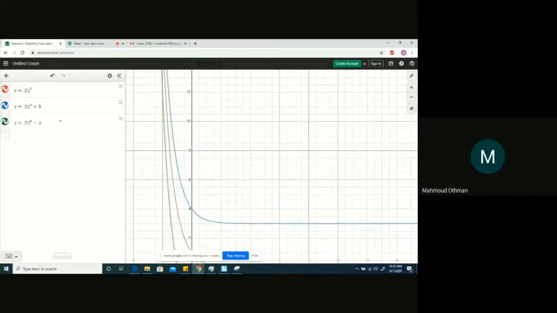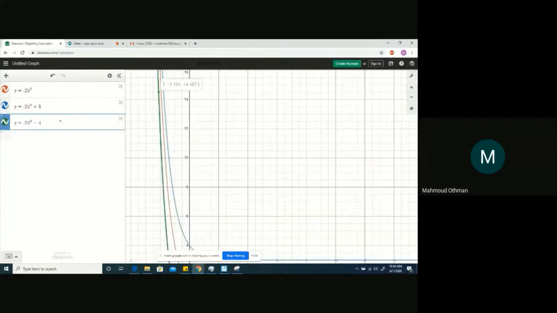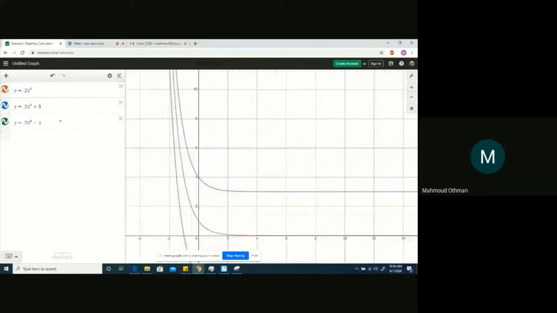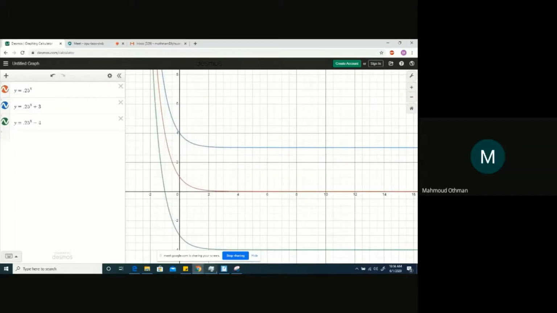Test it out. -2. Yep, same thing. And for this one, when x is -2, it's 16. Yep, (-2, 16). It literally only shifted down 4 units.